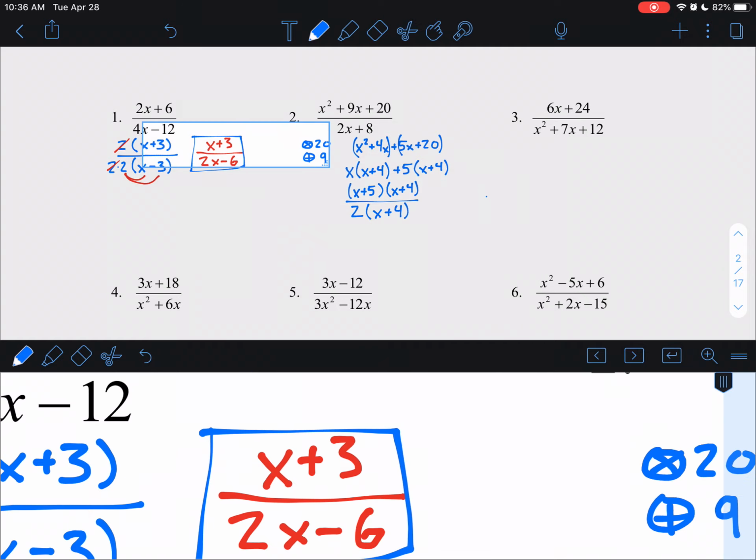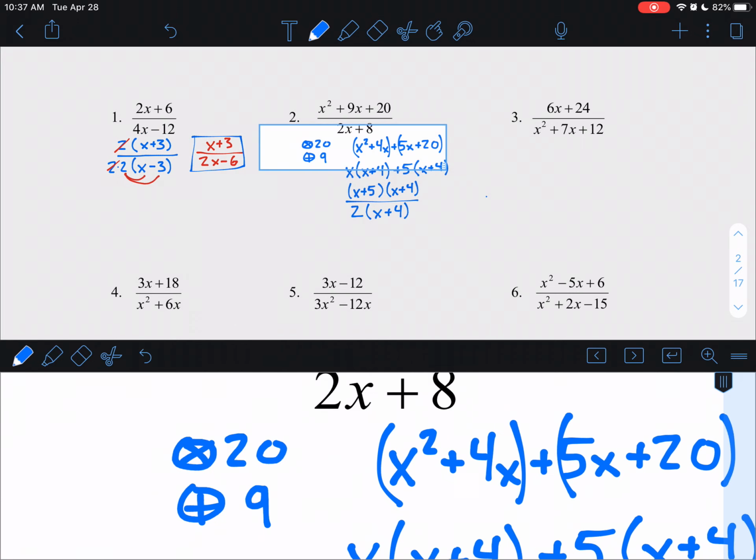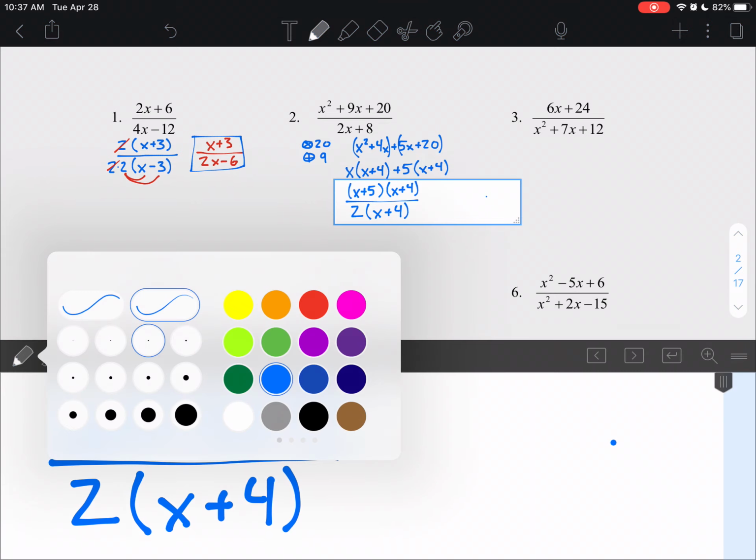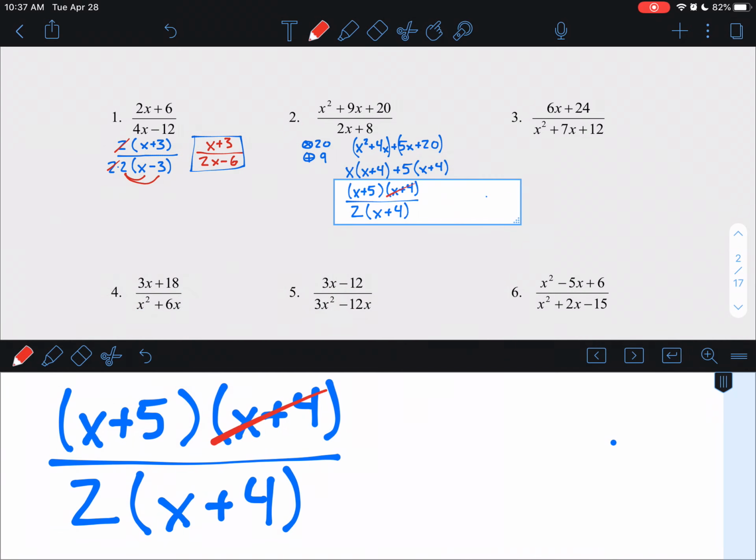And previously, the only things we were canceling out were like numbers or just monomials. But here, I see that x plus 4 is a factor in both the numerator and the denominator, which means x plus 4 is going to cancel out. So the x plus 4 of x plus 4, that cancels out.